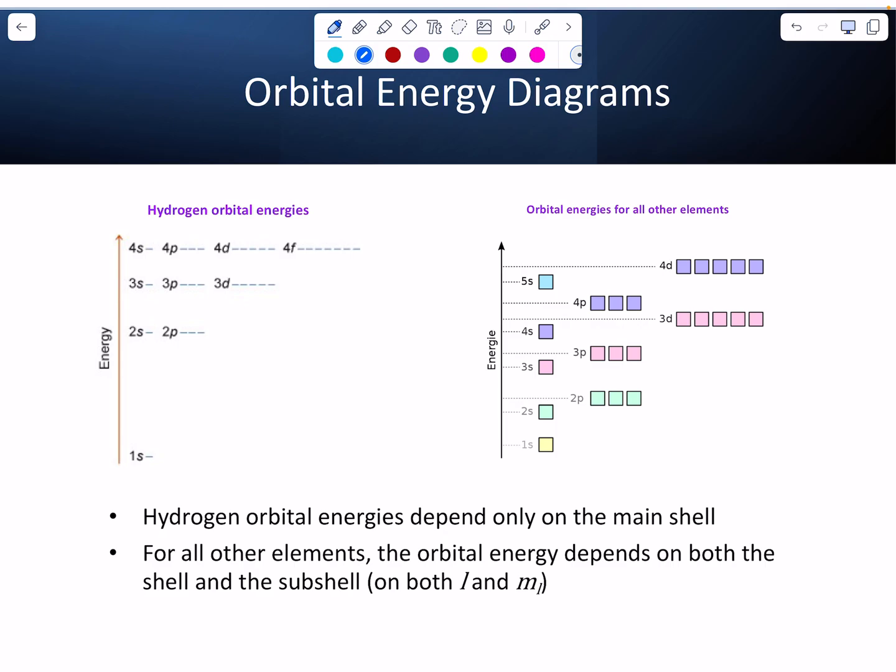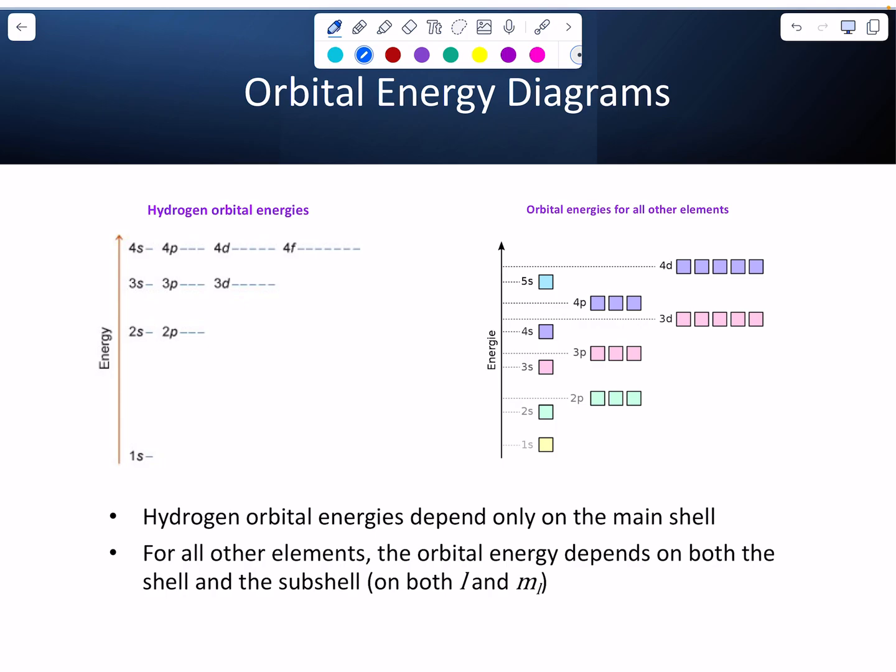Okay, so we're going to take a minute to talk about the difference between the hydrogen atom and everybody else. So when you have the hydrogen atom, it's only got one proton in the nucleus. It's only got one electron. So hydrogen, its orbital energies wind up only depending on the main shell.